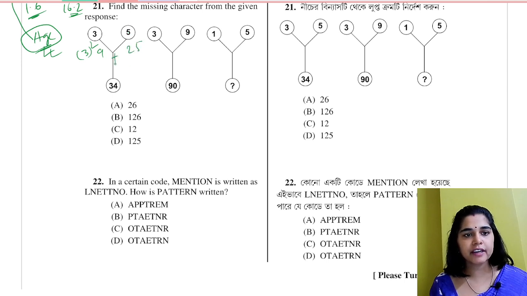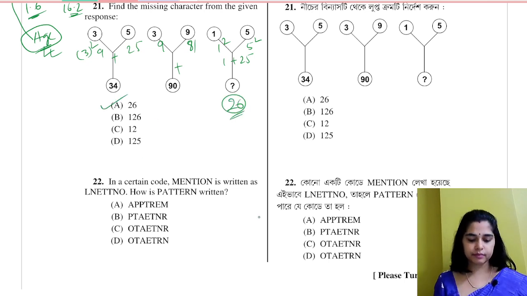Just add them. 25, 9, 34. 3 ka square, 9. 9 nines, 81. Just add them. 1 का square, 5 का square, 1 plus 25. What will be the answer? 26. So here the answer will be 26.